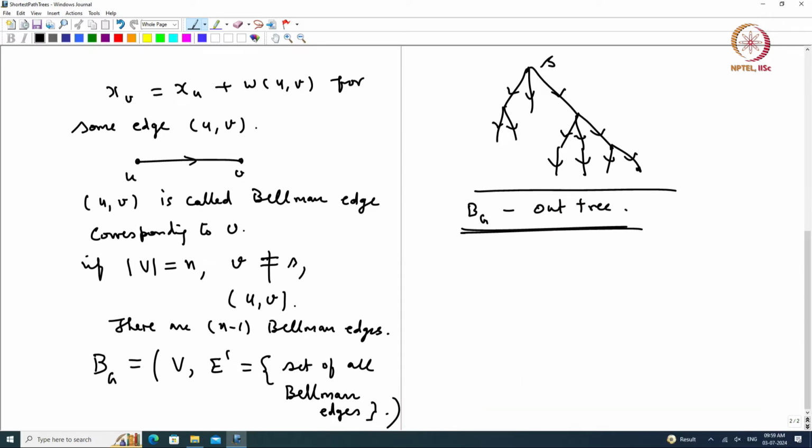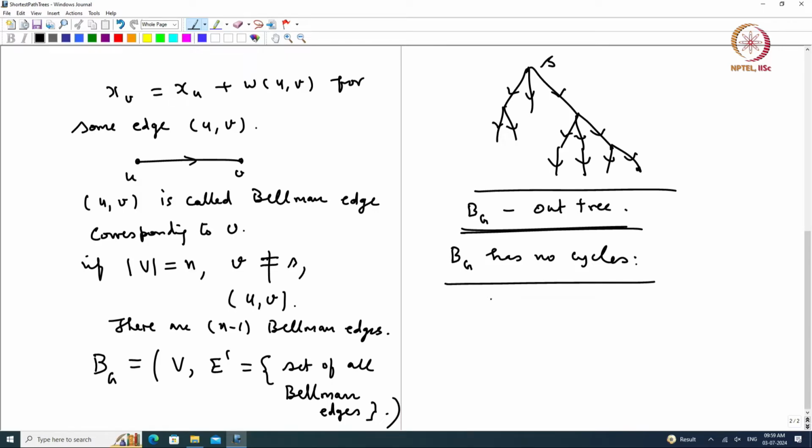First we will show that there are no cycles. BG has no cycles. Suppose it has a cycle. Assume that BG has a cycle.